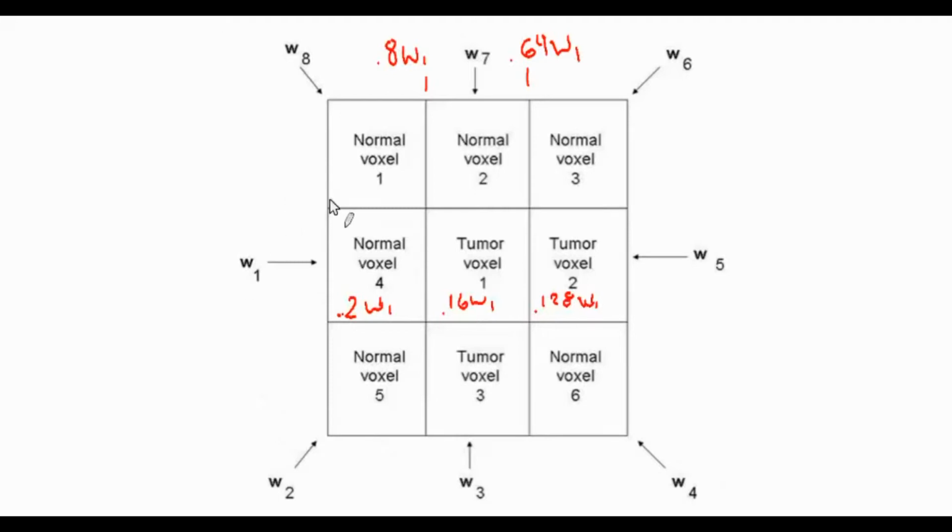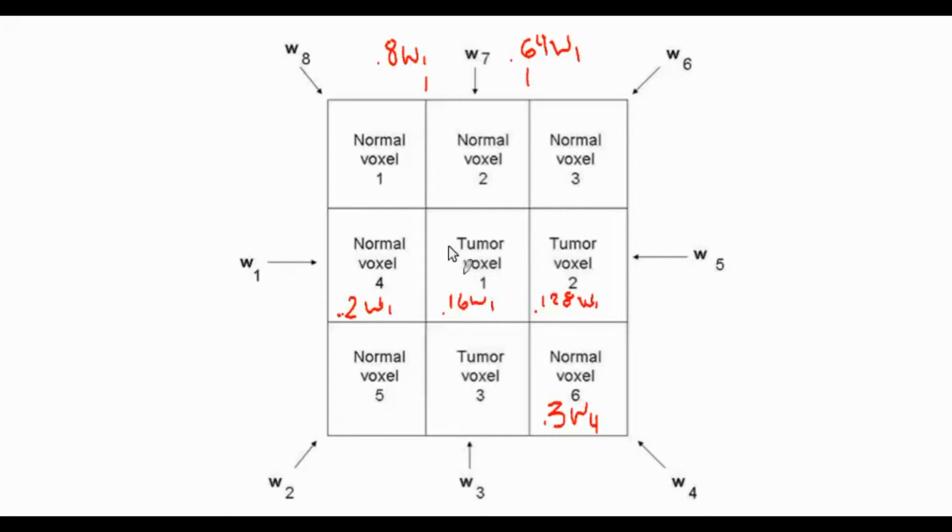Now for the diagonals, let's consider, for example, W4. We said that on the diagonal, we absorb 30% or 0.3 W sub 4. And then that leaves, exiting normal voxel 6, 0.7 W sub 4, which means that what's absorbed here is 0.3 or 30% of 0.7 W4.